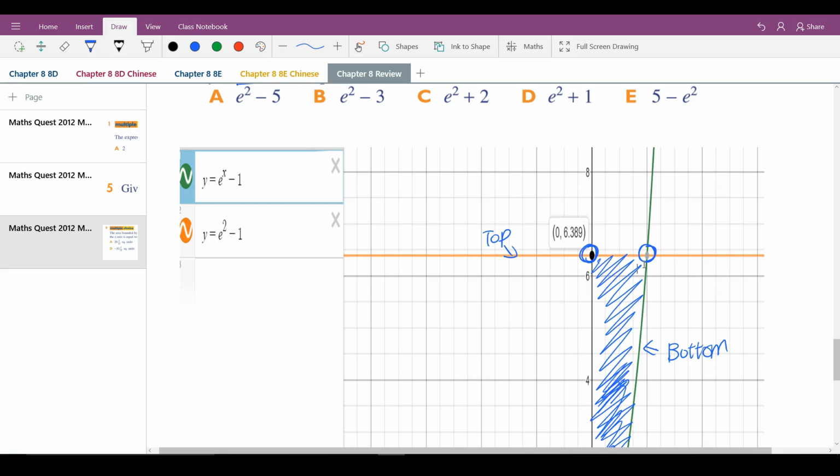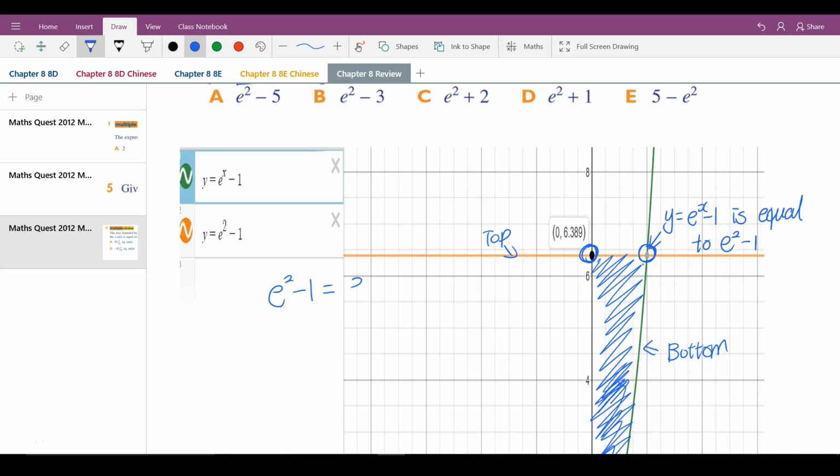At this particular point, our equation y equals e^x minus 1 is equal to e^2 minus 1. So that means e^2 minus 1 is equal to e^x minus 1.